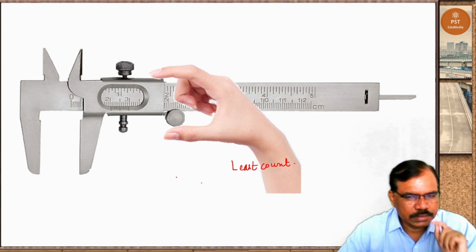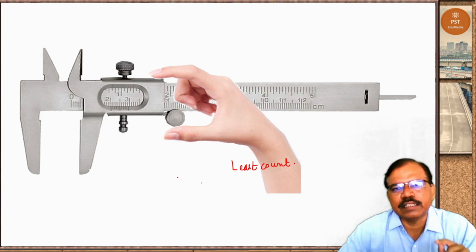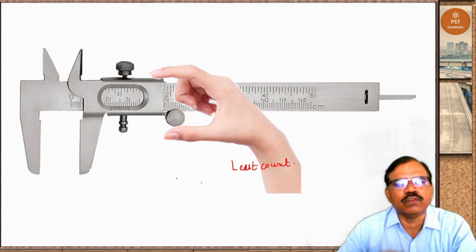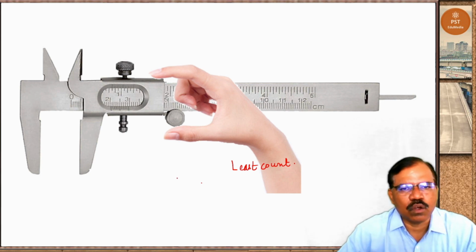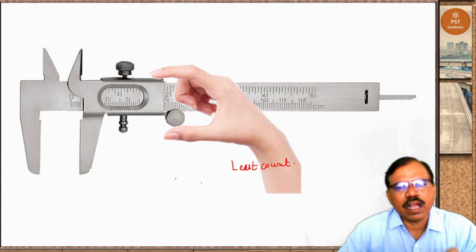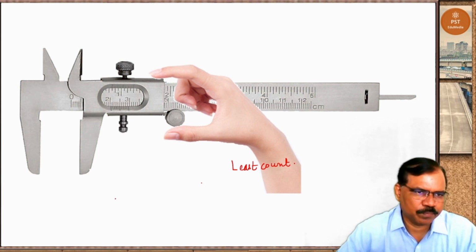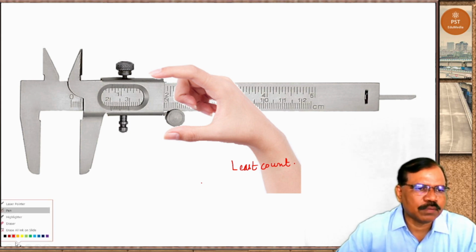That is called least count. And how can we find the least count of this vernier caliper?